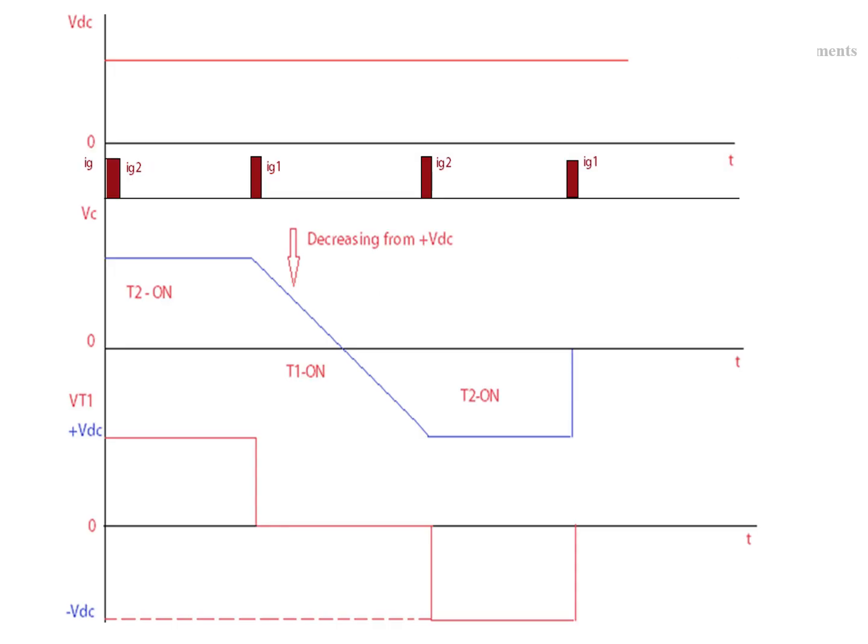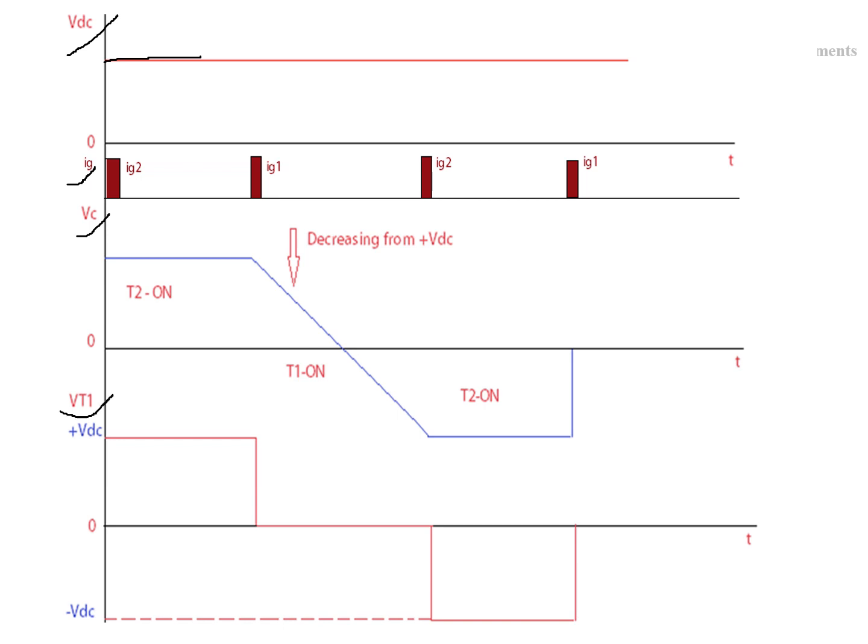Okay, these are the waveforms for the Jones chopper. Here VDC is the input voltage, which has constant magnitude, and these are the gating pulses we are going to apply to the thyristors.